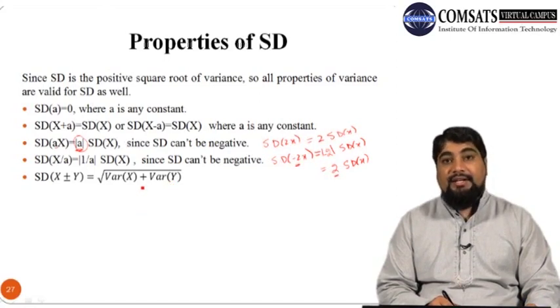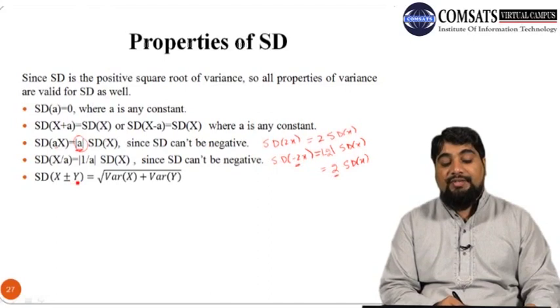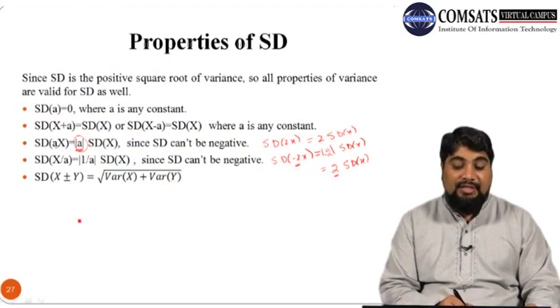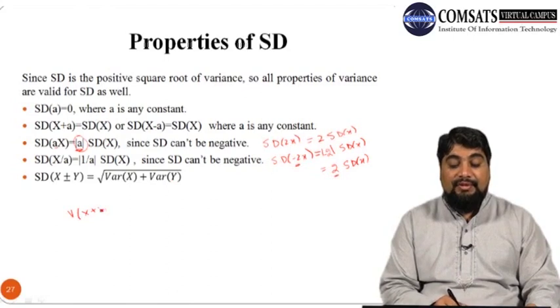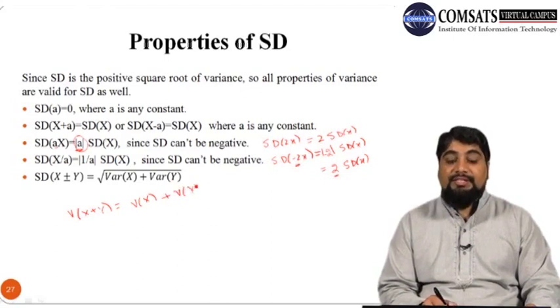And if x and y are independent, then the standard deviation of their sum or their difference is the square root of variance x plus variance y. In order to explain this formula, we know that if x and y are independent, then the variance of their sum is the sum of their respective variances.